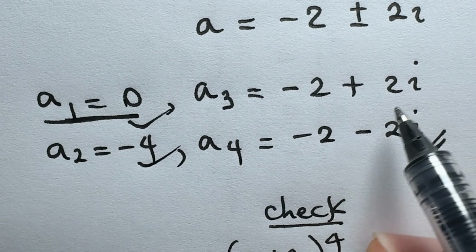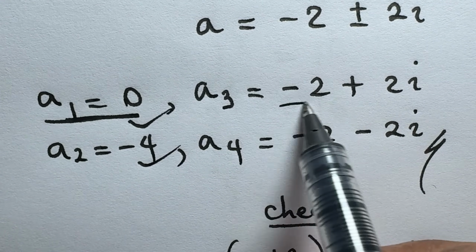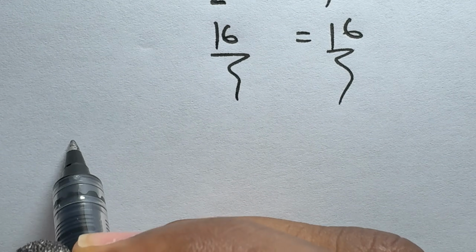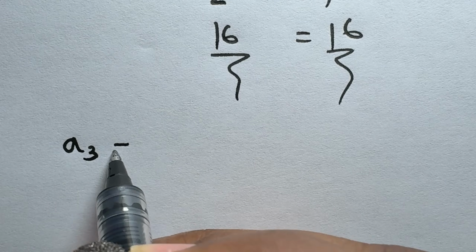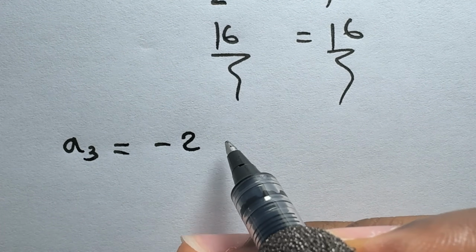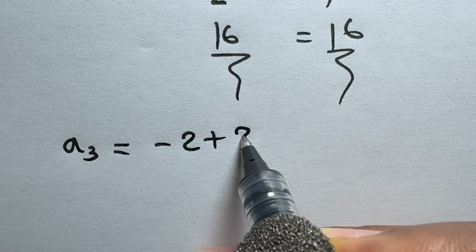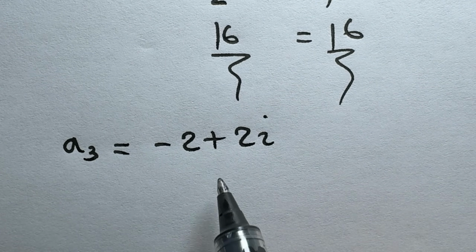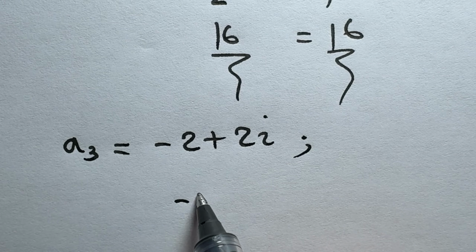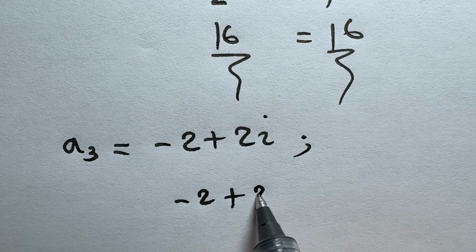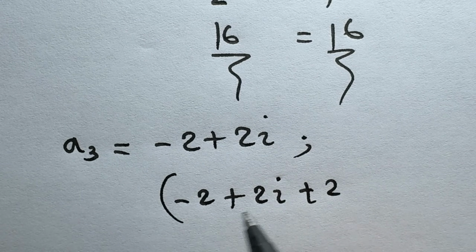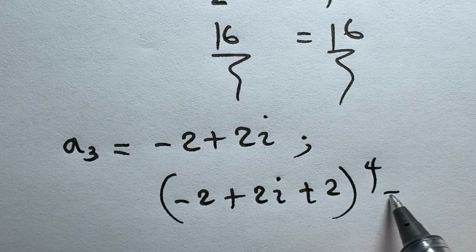Now we test with a3. For a equal to negative 2 plus 2i, we're going to have negative 2 plus 2i, then plus 2 raised to power 4 to give us 16.